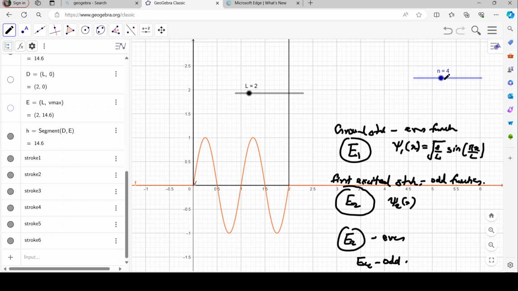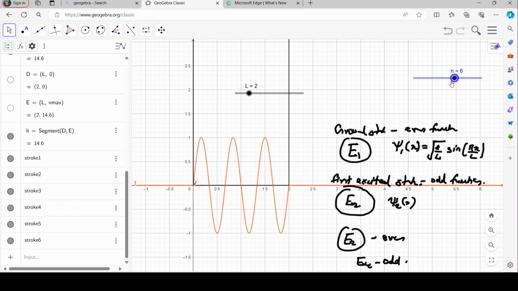So when you change the value of n, the wave function changes correspondingly. So n equal to 1, we are getting a symmetric function, anti-symmetric, symmetric, anti-symmetric, symmetric, anti-symmetric, and so on. So whenever the value of n increases by 1, the wave function changes from odd to even or from even to odd. So that is the one main point that we want to focus on here.